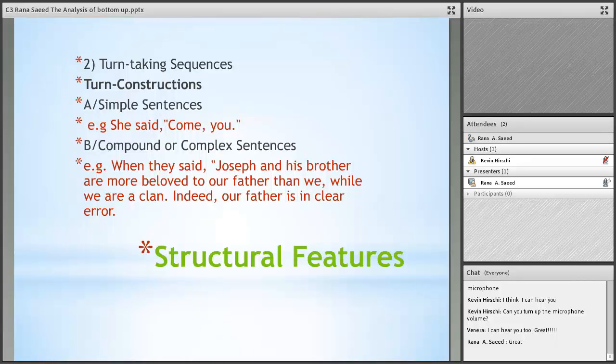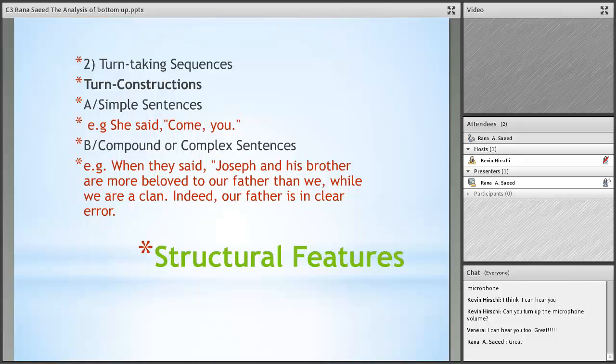Now, the turn-taking sequence, based on many other papers, is a crucial element in analyzing any conversation or dialogue. This paper is based on Sachs and other scholars working within the field of sociolinguistics, who paved the way to the main theories in conversation analysis.